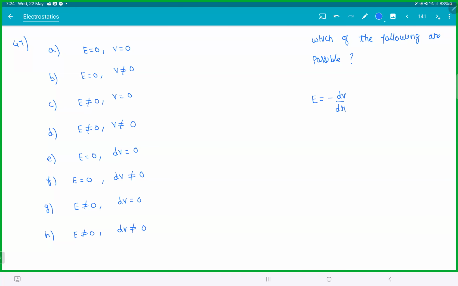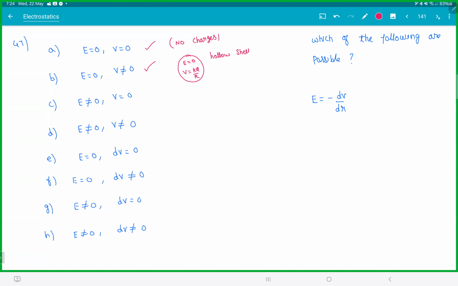So look at the first one. E is 0, V is 0. Possible? Don't keep any charge, no? If you have no charges, E is 0, V is 0. E is 0, V not 0 is possible. Any example? If you take a hollow sphere, inside the field is 0, but V is kq by r.